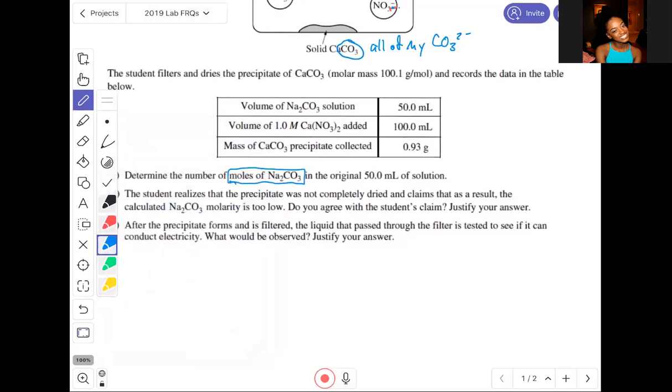100.1 grams over something. Oh, I wish we did. Nope. Because volume of the Ca and NO3 twice. For the moles of sodium carbonate, where is the carbonate in that data table?